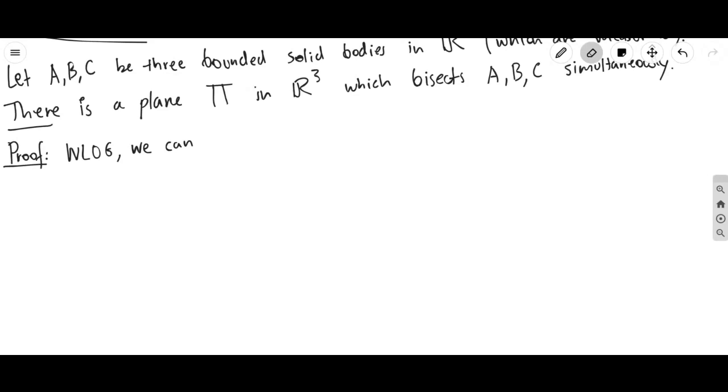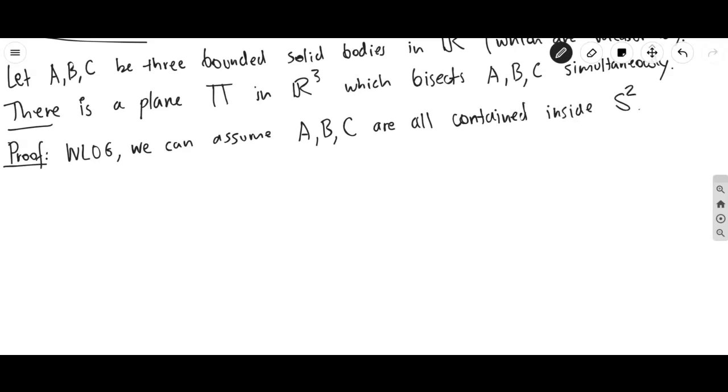So without loss of generality, we can assume that A, B, and C are all contained inside S2 because they're bounded, right?